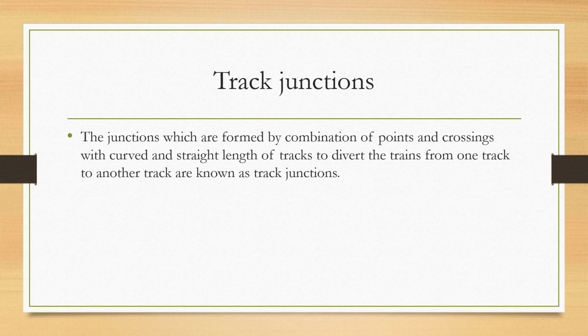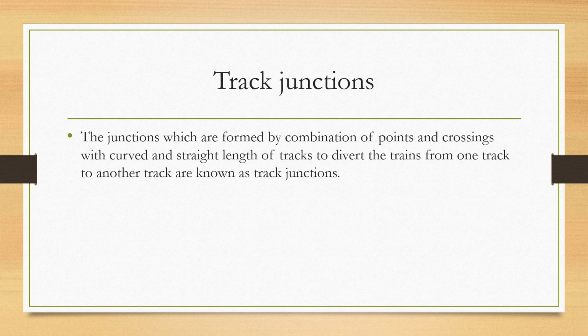Types of track junctions. Turnout. A complete set of points and crossing for diverting the trains from a main track to a branch track is called a turnout.